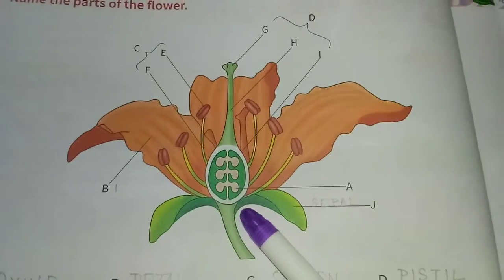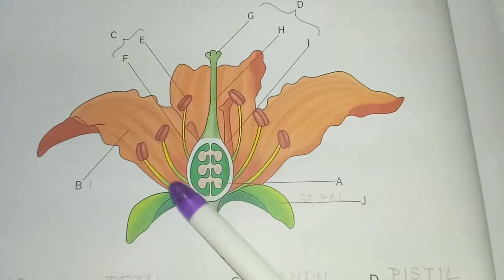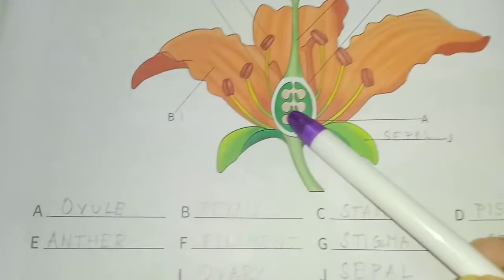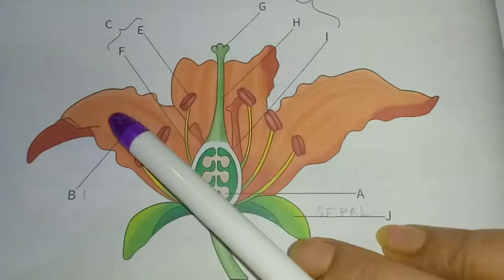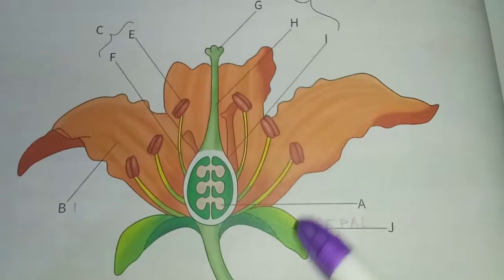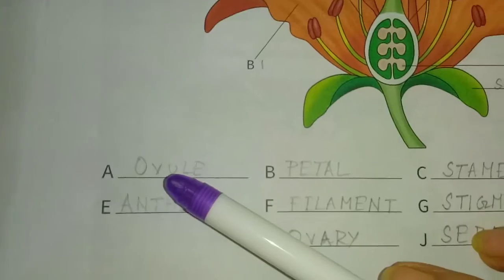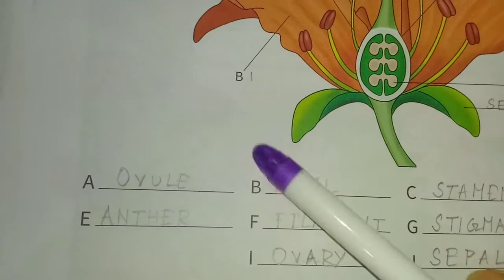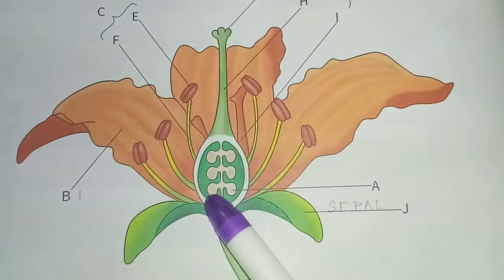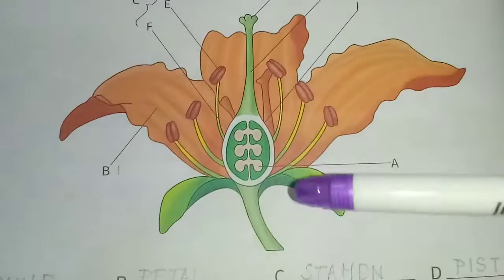This is a flower, and this is A. It is ovule. Okay? And this is B, petal. These are petals. You have to write here, and you fill up your book in this way, as I did. A, ovule. B, petal.